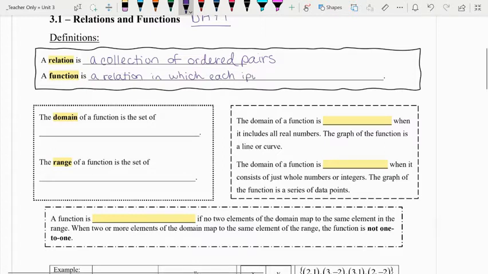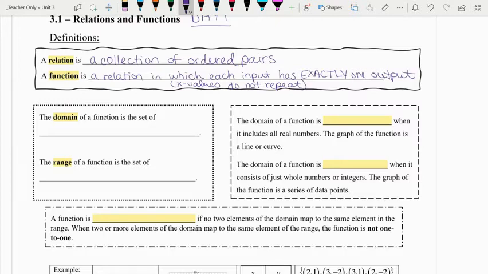Again, it's exactly one output. So in other words, x's cannot repeat. X values do not repeat. And you'll see that as we continue.